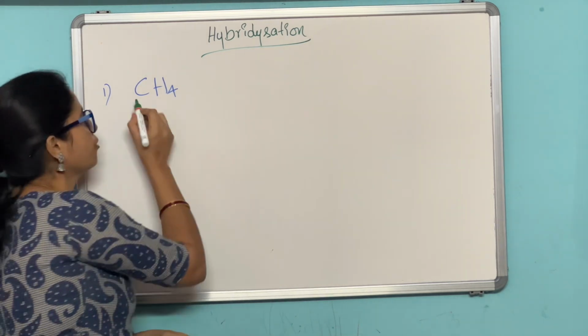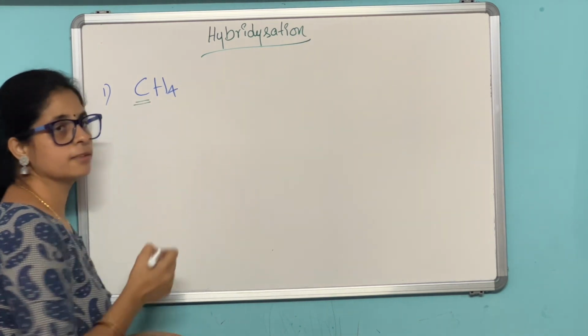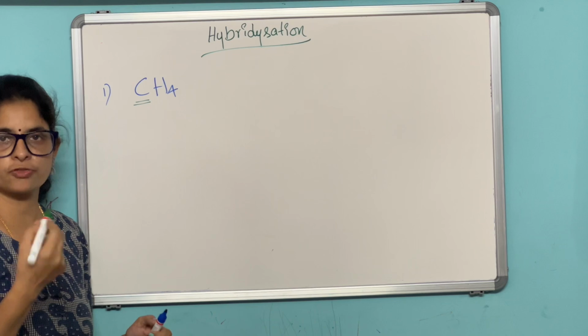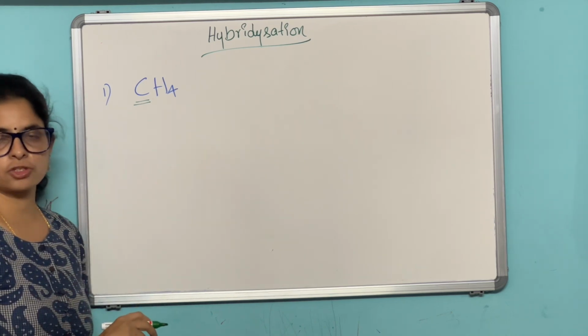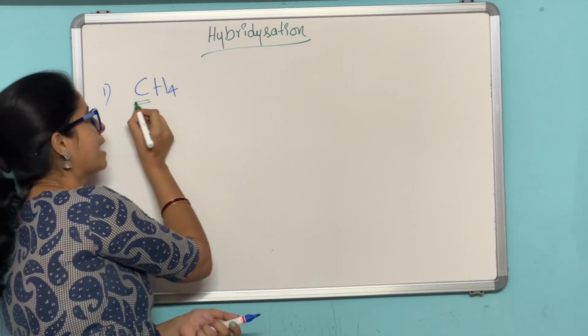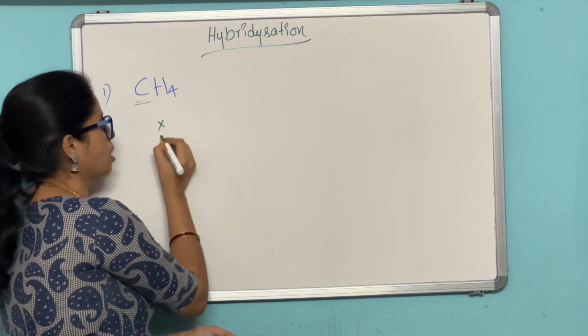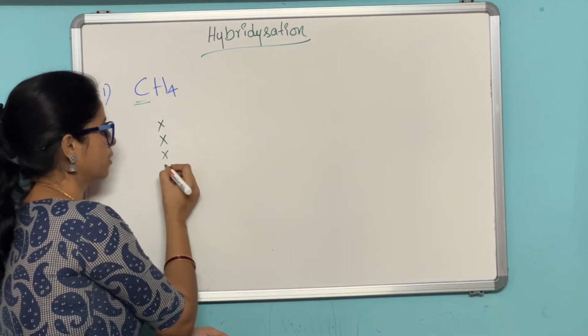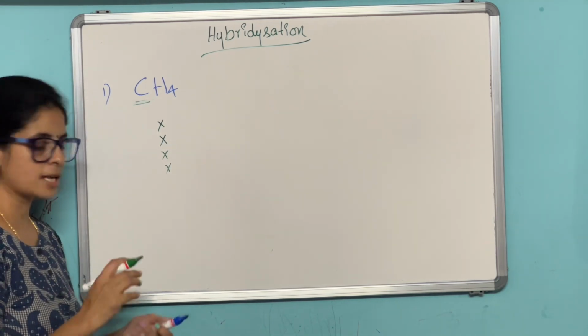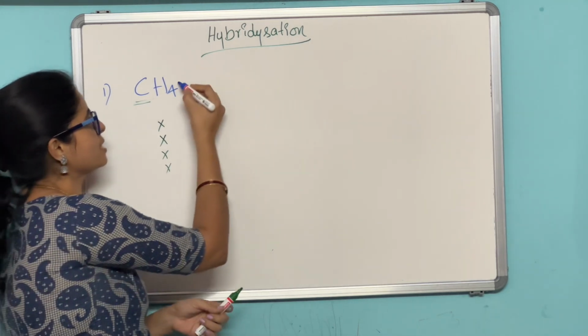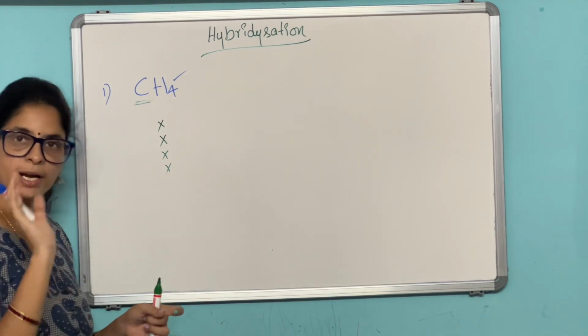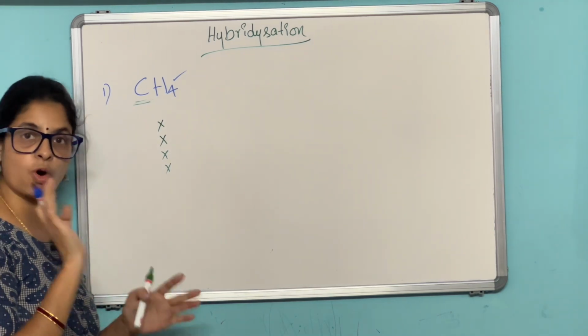Now you just identify which group the central atom belongs to. Here the carbon belongs to the fourth group. As it belongs to the fourth group, you put 4 cross marks: 1, 2, 3, 4. And how many hydrogens are attached to that carbon? 4 hydrogens, which means 4 bonds.